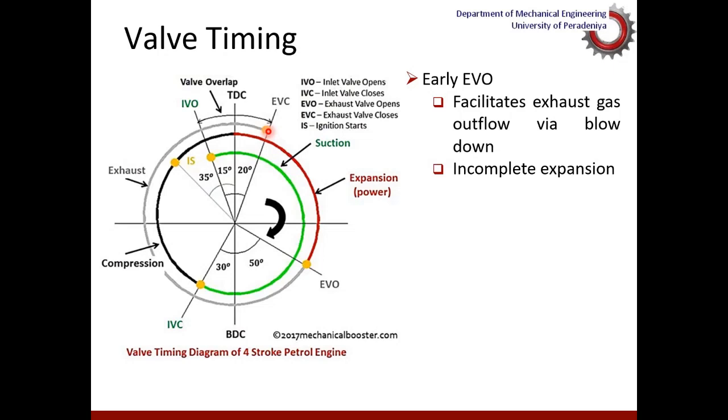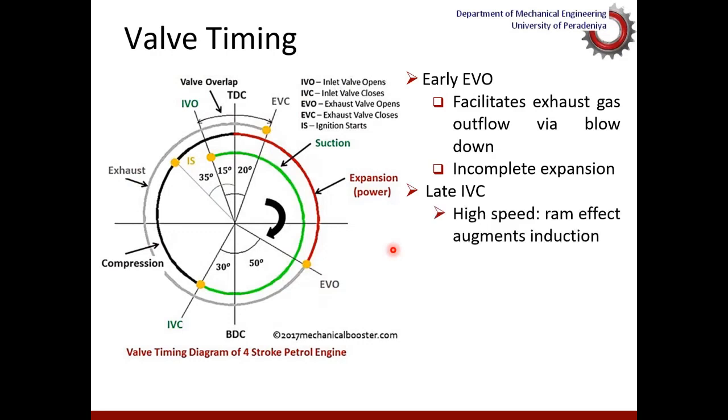And negatively, it will affect the expansion, because when you open the exhaust valve during the expansion stroke, some of the power that can be extracted from the system will go to waste. And the late intake valve closing is usually beneficial at high speeds.